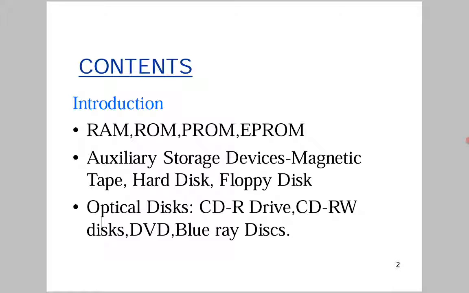Basically, memory or storage devices are of two types: primary memory and secondary memory. Primary memory is also called the main memory of a computer system. Primary memory is of four types: RAM, ROM, PROM and EPROM.